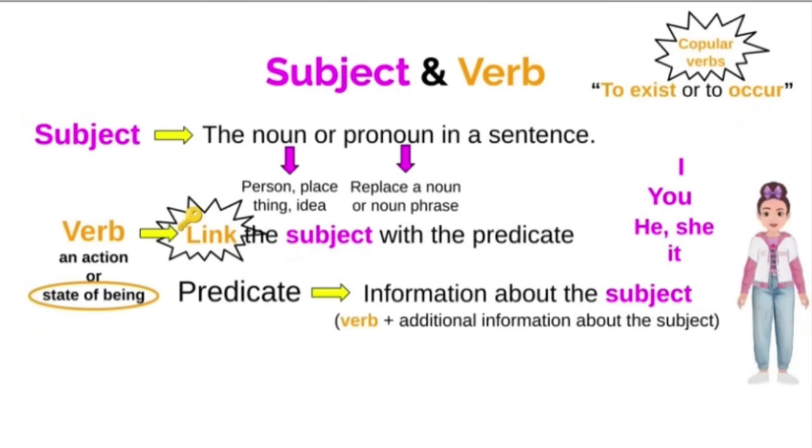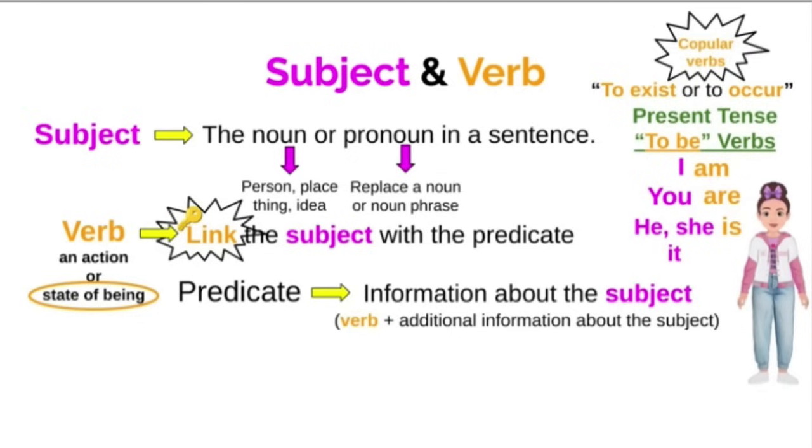Here are a few examples of English to be verbs in the present tense. Am, are, is. So I am, you are, he is, she is, it is. Those are all our pronoun plus our to be verb that agree.